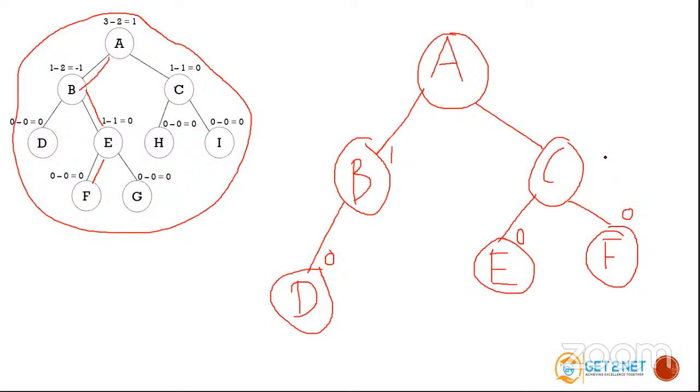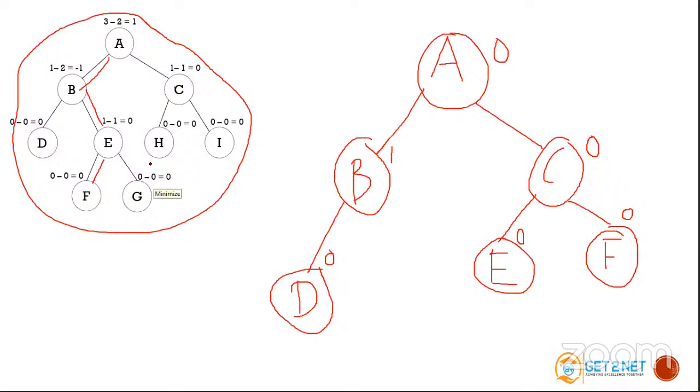What is C? 1 minus 1, 0. Right. Correct. What is A? 2 minus 2, 0. Correct. 2 minus 2 is 0. Fine. So everyone is clear about this. Yeah, Priyanka, I got your answer. Thank you, Priyanka. So everyone is clear with this balanced tree.